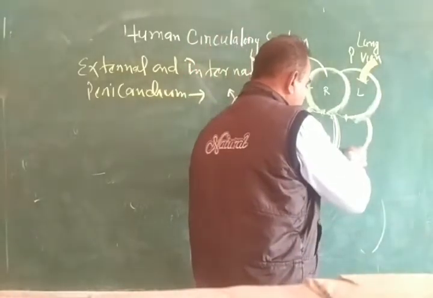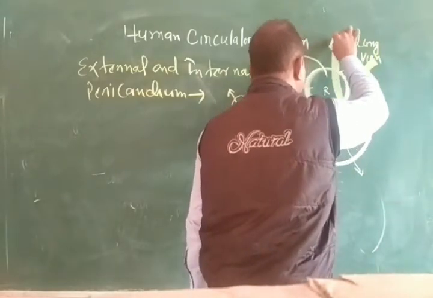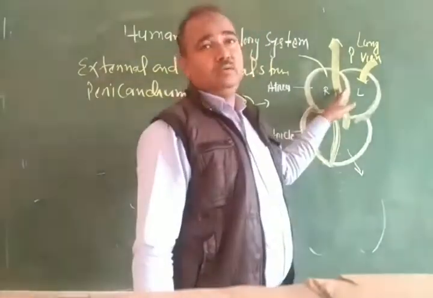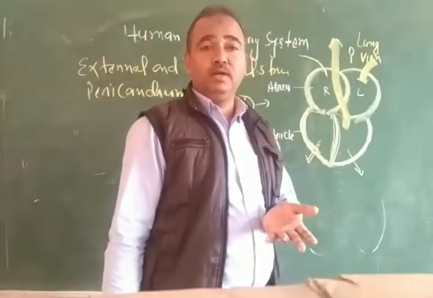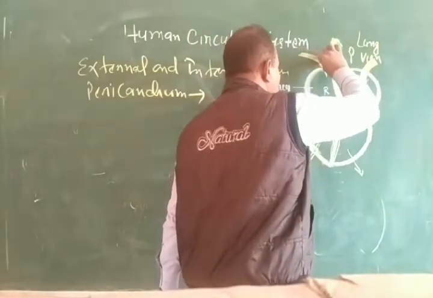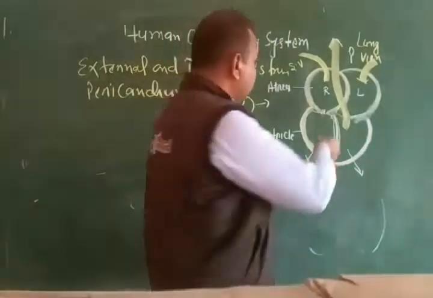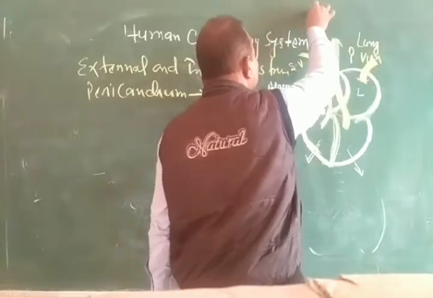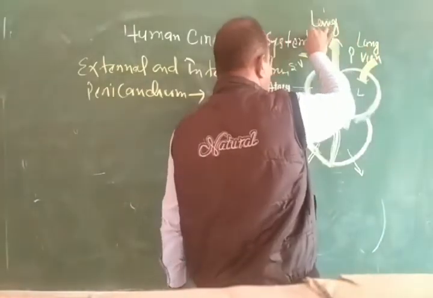Ultimately, it forces the blood into the aorta. Once again, on the right-hand side there is impure blood. It receives blood from the superior vena cava, and it pushes the blood to the lungs by the pulmonary artery.